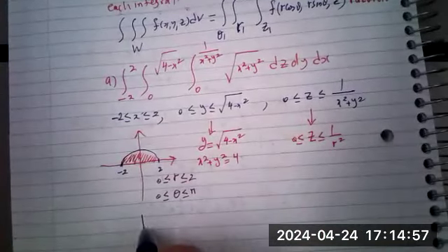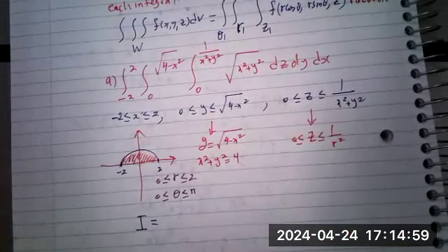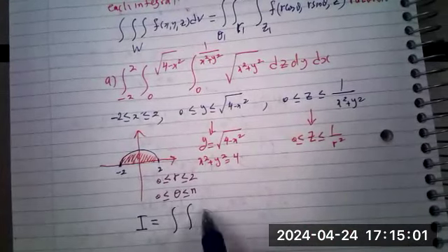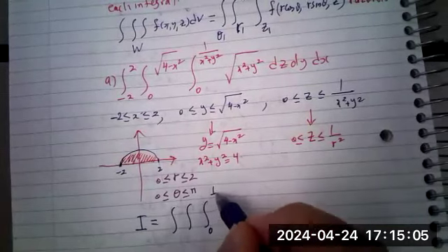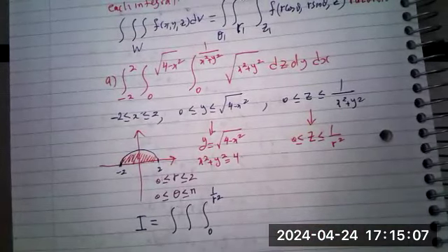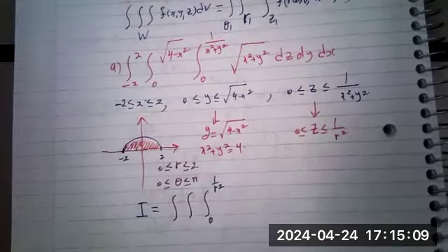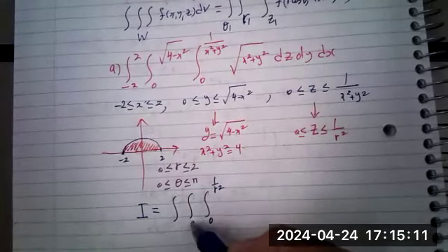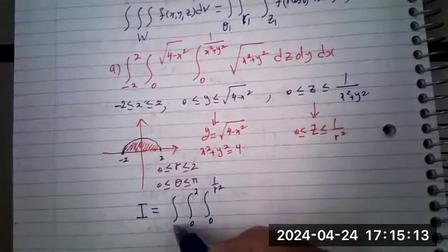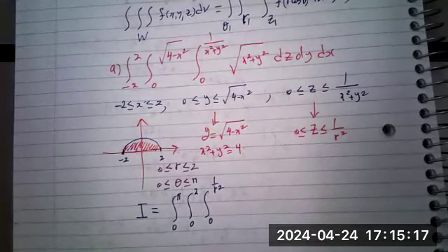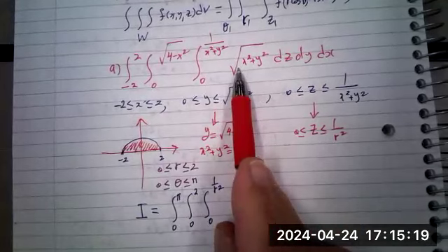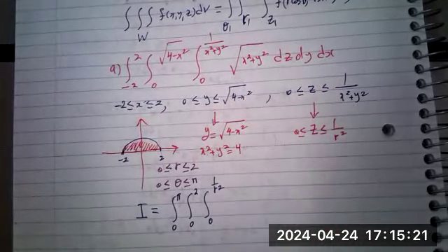So the given integral, you call it I, is going to be equal to the triple integral. Your z goes from 0 to 1 over r squared. The middle one is r, which goes from 0 to 2. And theta is 0 to pi. This is your function. The radical of x squared plus y squared is just r.